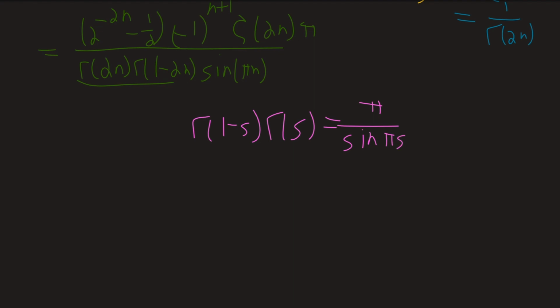In this case, our s is just going to be 2n, as before, meaning that our gamma of 2n times gamma of 1 minus 2n is going to be the same thing as pi over sine of 2 pi s, but it's 1 over that. So really it's going to be sine of, sorry, not pi s, 2 pi s, 2 pi s over pi.